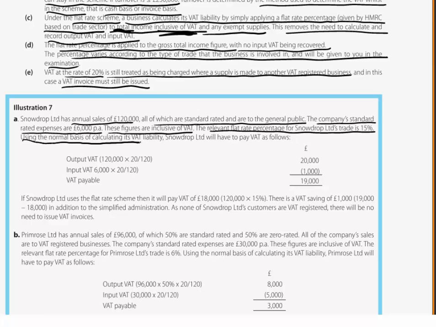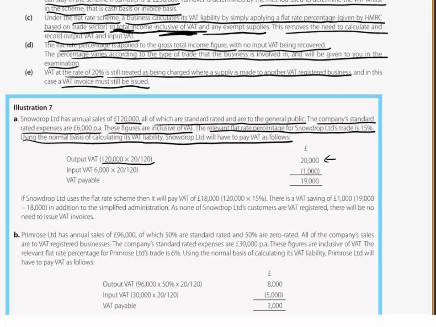So, if we were to use the normal basis of calculating the VAT liability, Snowdrop Limited will have to pay the VAT as follows. Now, this would be based on an annual outcome. Our output VAT, our annual sales, £120,000. That figure we were told inclusive of VAT. Output VAT, 120,000 times 20 over 120, £20,000.